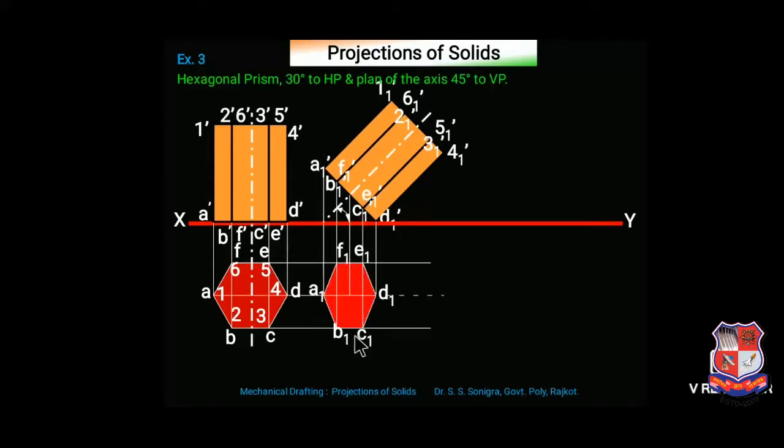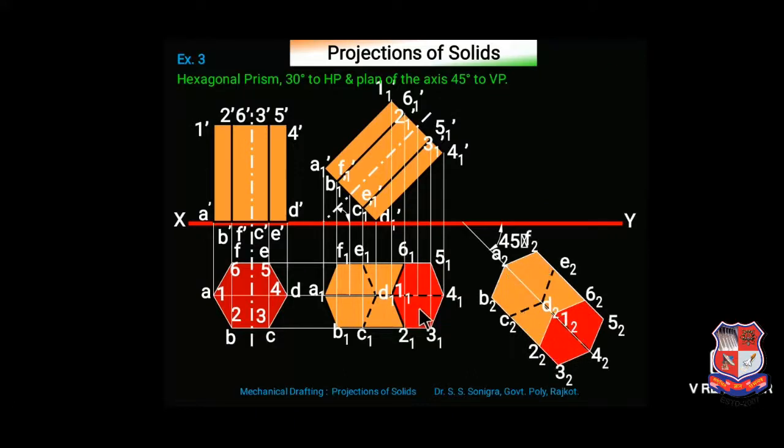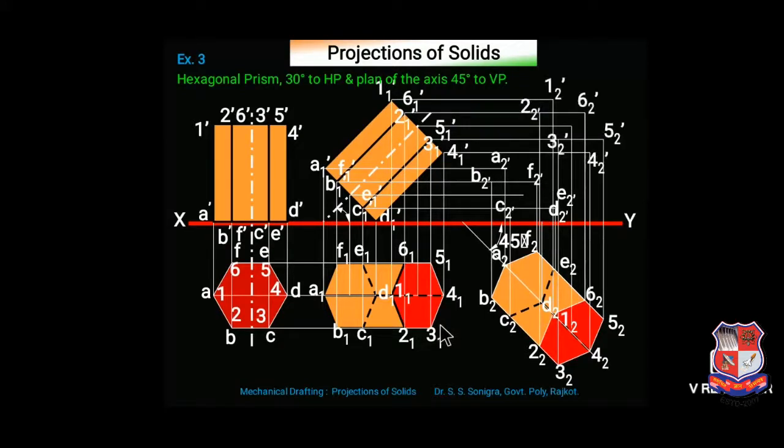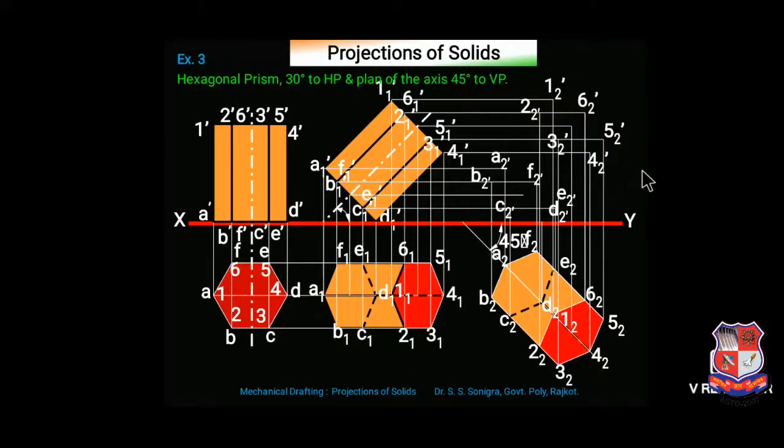Take projections from the front view like this. We know how to take these projections. Then 45 degrees to VP. So redraw this top view at an angle of 45 degrees and take projections. Obviously it's a very simple problem. So this is the top view and this is the front view of this problem. I hope it's clear to you.